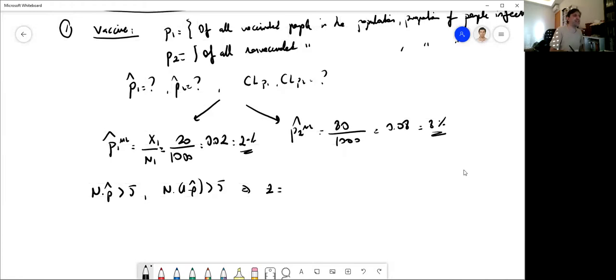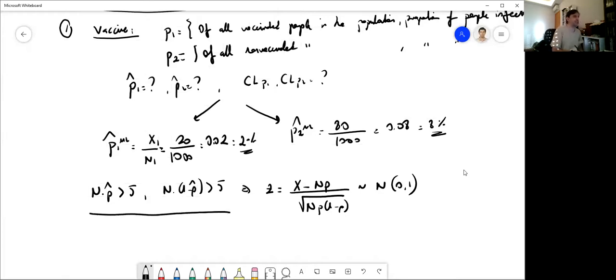So Z is going to be our standard normal variable, which is going to be X minus N times P, which is the expected value of X, divided by the square root of N times P times 1 minus P. This is going to be standard normal distributed if these conditions are satisfied.